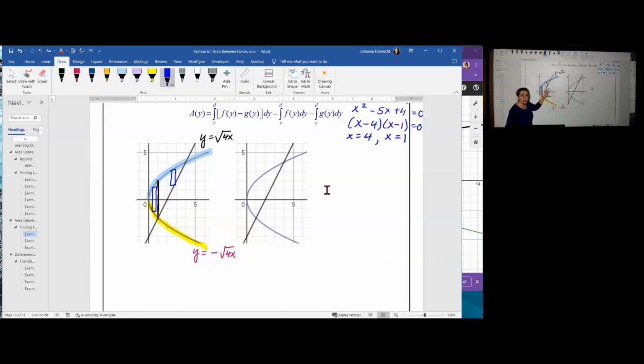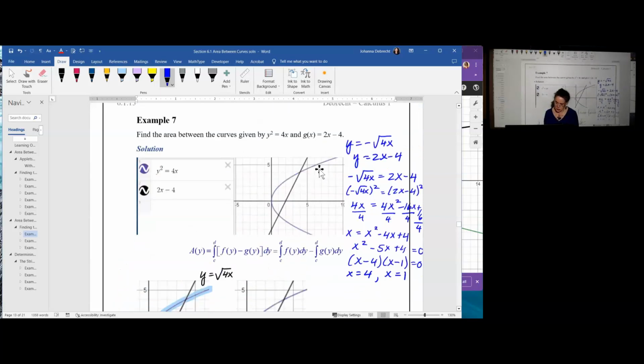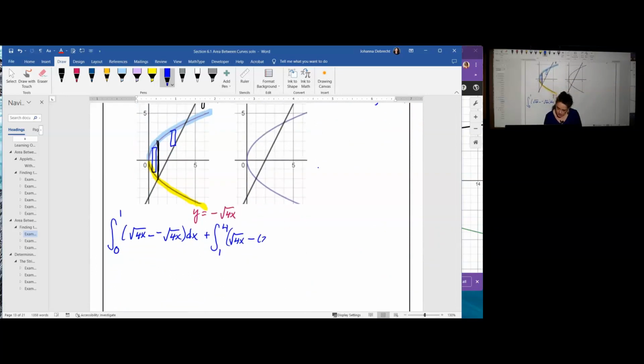In order to integrate with respect to x, I would then have to write the following integral. I would go from 0 to 1, and I would have the positive root on top minus the negative root on the bottom with respect to x, plus the integral from 1 to 4, and now the positive radical on top, which would be the root of 4x, minus the line, which was 2x minus 4, on the bottom.